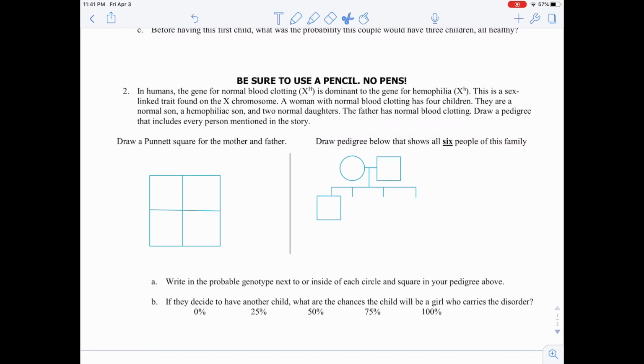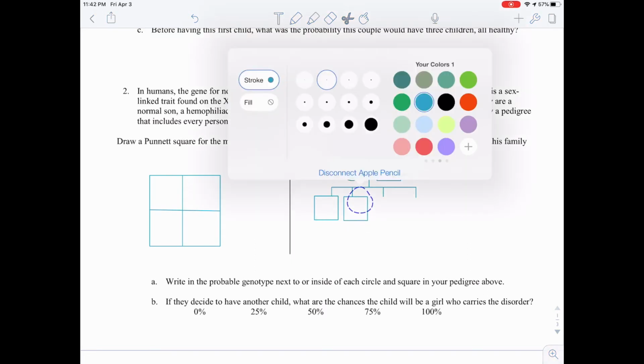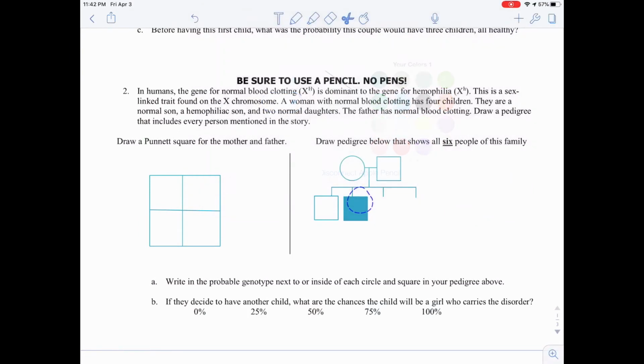A normal son, a hemophilic son, and 2 normal daughters.